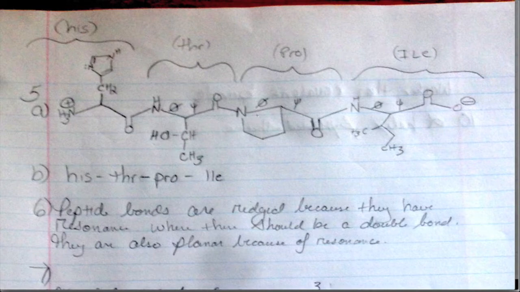If you remember, in the last assignment we added an extra nitrogen, but here you have it drawn correctly. The ring just joins up with the main chain nitrogen. That's a good picture of proline.